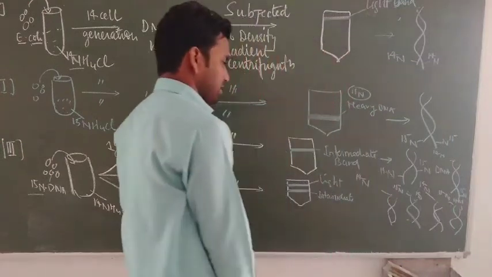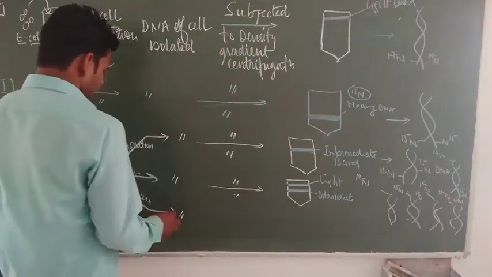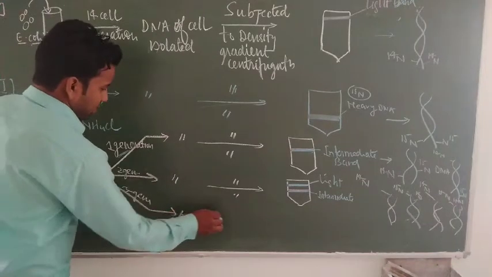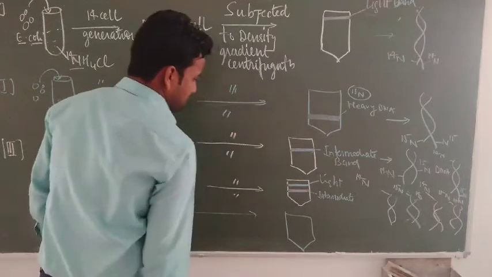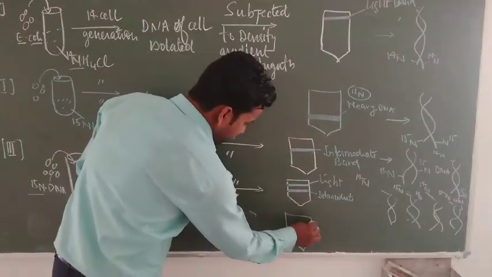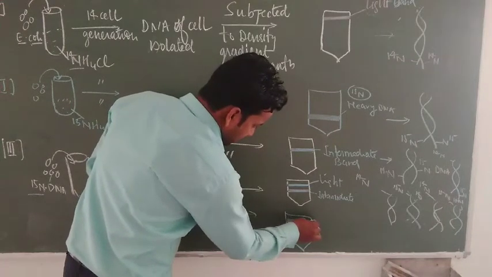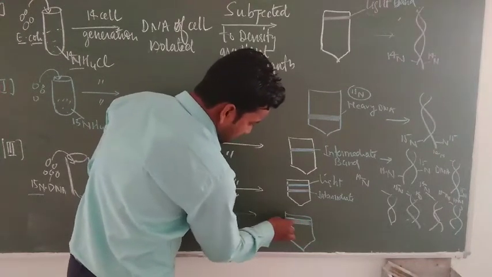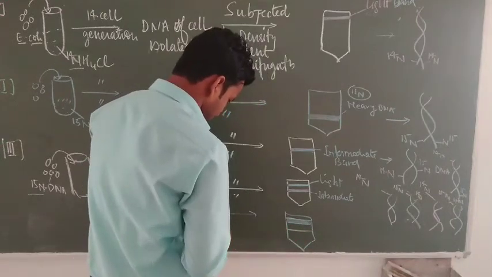But after the third generation, the DNA isolated and subjected to density gradient centrifugation shows that the thickening of the light band will be the maximum. Continuously the thickness of the light band increases, and the intermediate is constant.